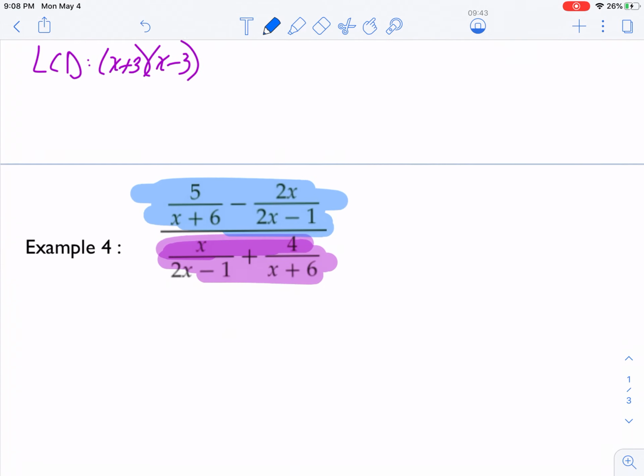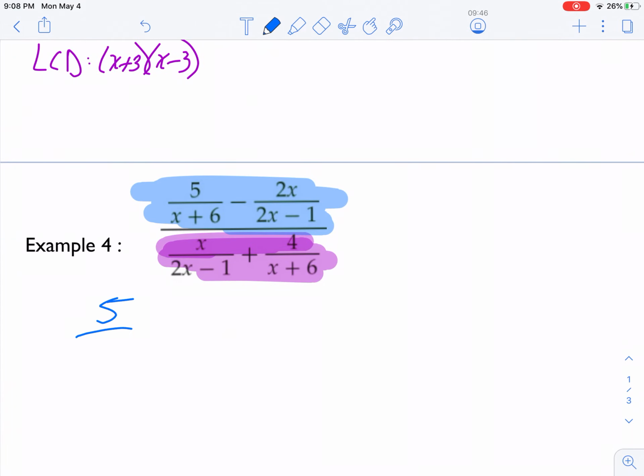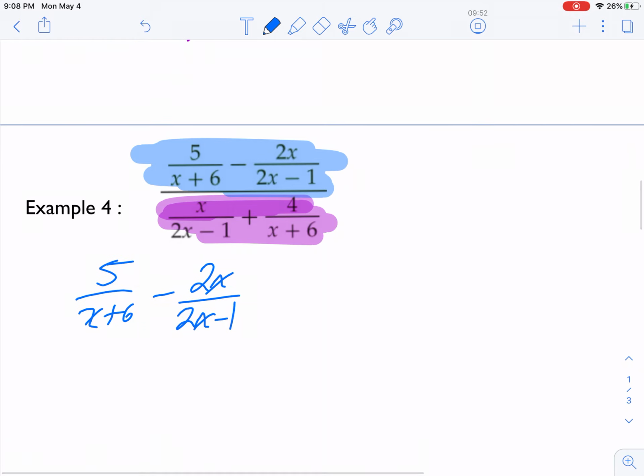As we've talked a lot about, yes, we're going to deal with the top first. When I look at my denominators, none of my x's have variables on it, which means I'm not more than likely going to factor. So I have x plus 6, 2x minus 1.